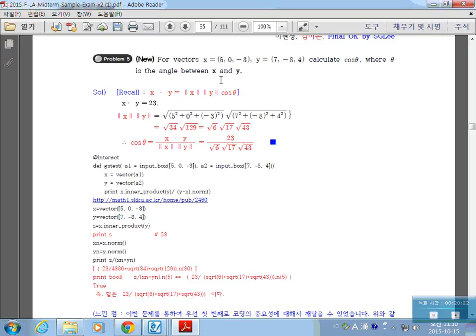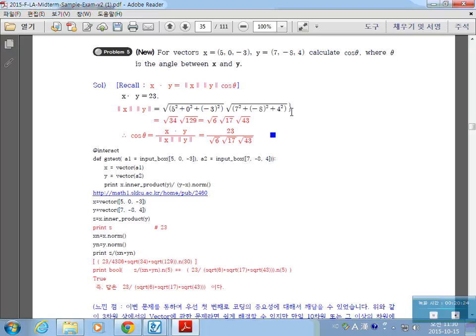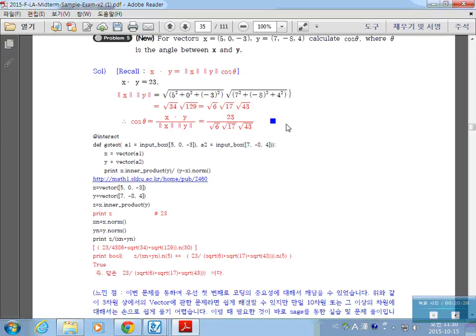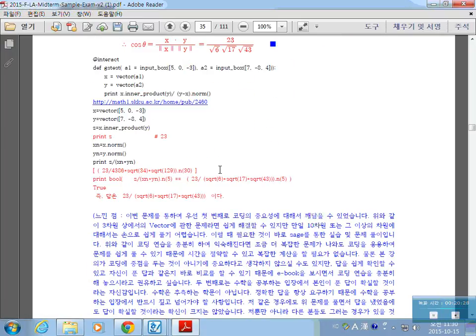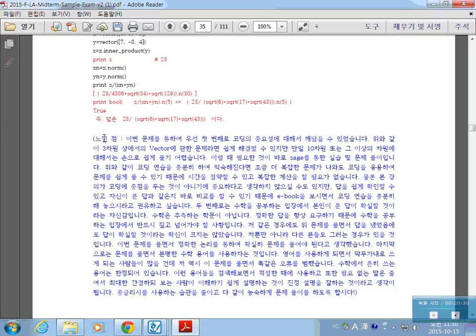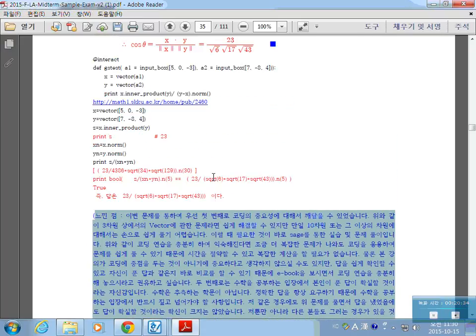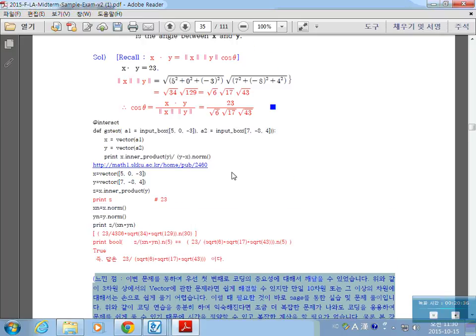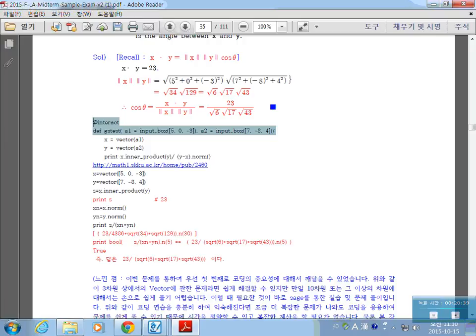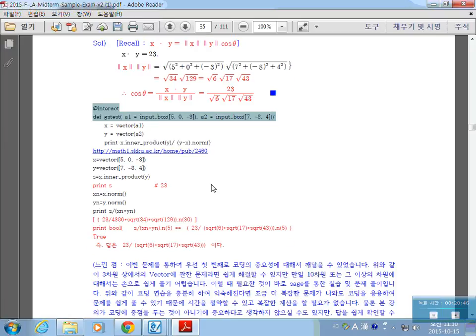Here, he changed the numbers to find similar problems and solutions. And here, he mentioned what he has learned while doing this kind of work by hand and code. He also used the interactive function, which you're going to learn after the midterm examination.